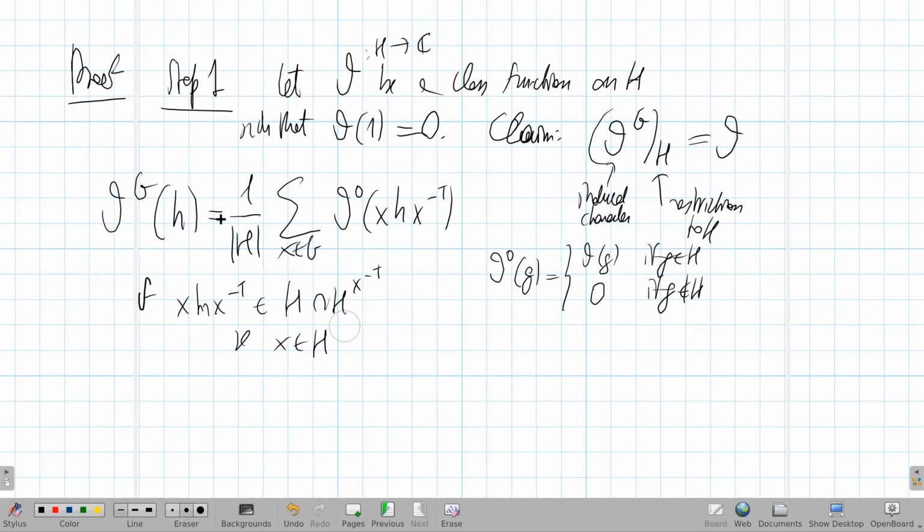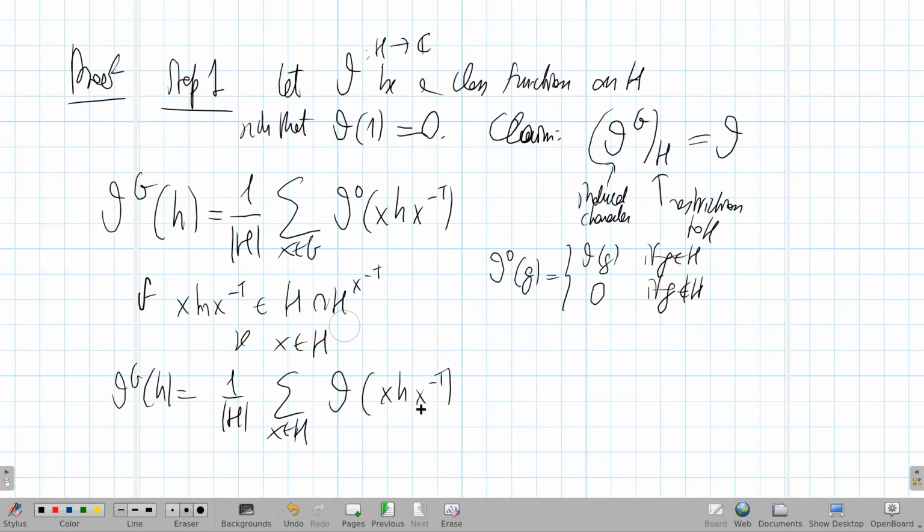So what we obtain is that theta G of h is 1 over the order of H, sum over x in H of theta of x h x inverse.